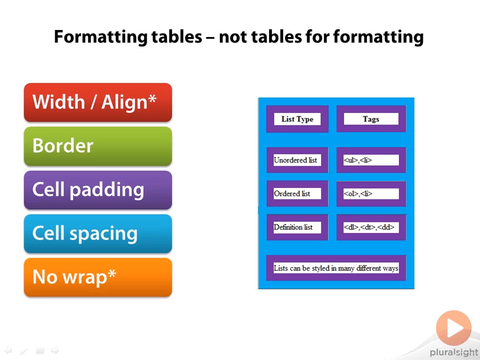Again, this is deprecated, but obviously available in the loose or transitional document type definitions. But you do want to watch out for this because this can, as I said, really mess up the layout of your table. You may want your table to be 50 pixels wide, but if you put a no wrap on a particular table data element, and that element then can't wrap, your table is going to go beyond what your fixed width was, and it's going to throw off your page and all the other items that are around it. So use that sparingly or not at all.